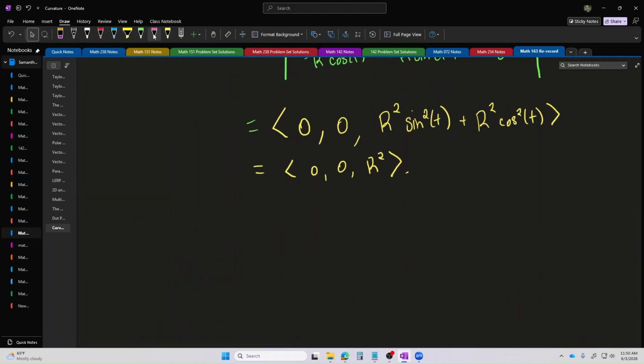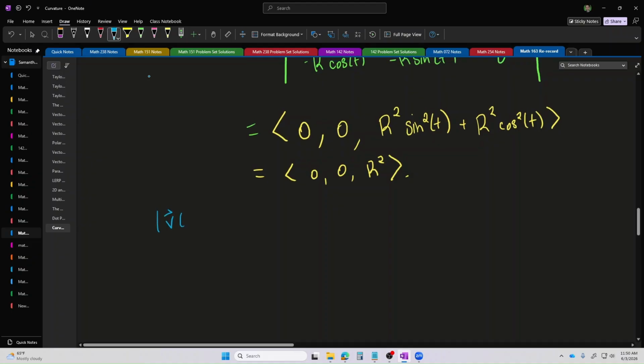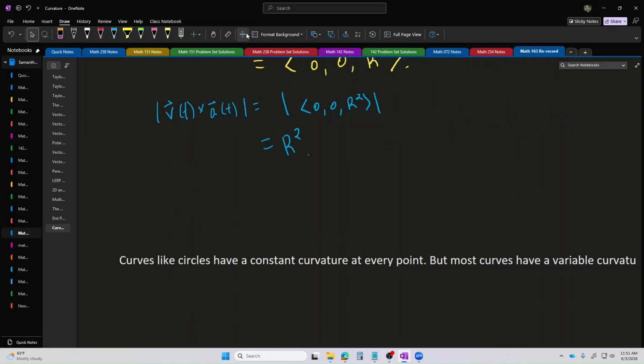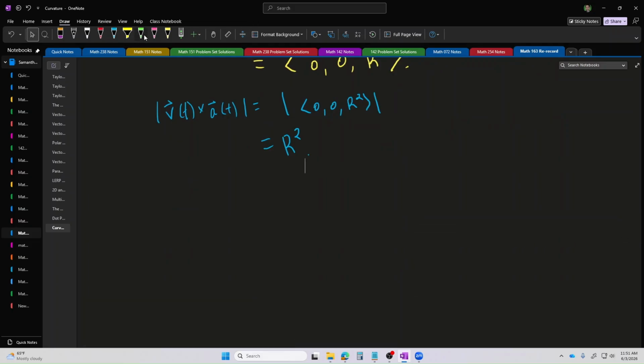So let's go ahead and find the magnitude of this cross product. It is equal to the magnitude of the vector 0, 0, r squared. And that result would just be equal to r squared, since we only have length in the z component here. So we're almost ready to assemble the curvature.